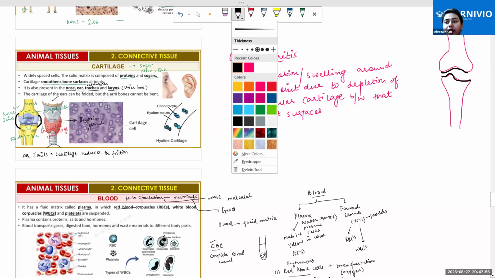Fine. If the articular cartilage gets reduced, there will be more friction and less smooth movement. So to ensure that the movement between the joint surfaces is smooth, you have the articular cartilages.